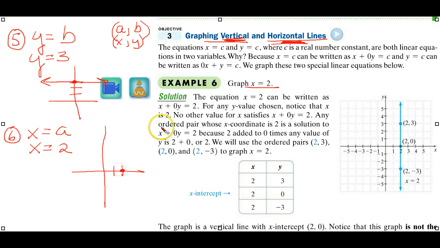So a 2 there, and then a line going through 2. Now remember, there is an infinite number of points along all of these lines. That's what the arrows indicate. Okay, now we should mention in this case there is no x-intercept, and in this case there is no y-intercept.